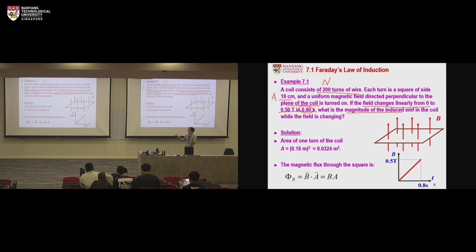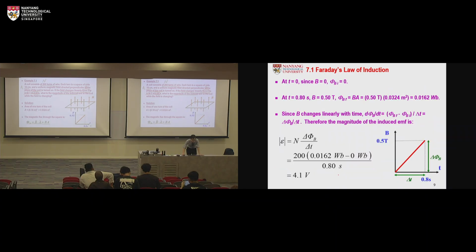So then you can get the change of magnetic flux, right? So in this case, because it tells you initially B is 0, of course, then the initial flux is 0, and all you need to find out is the final flux, the magnetic flux at 0.8 seconds, right? And you can get this one.